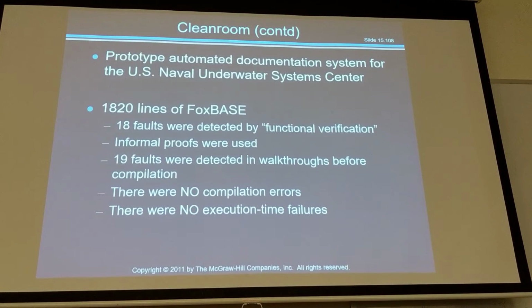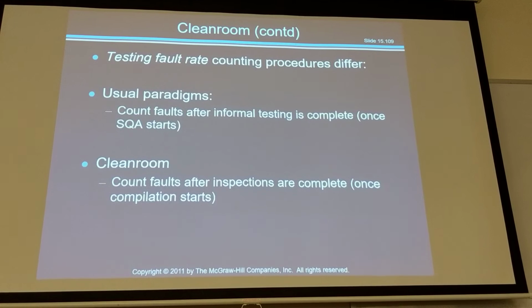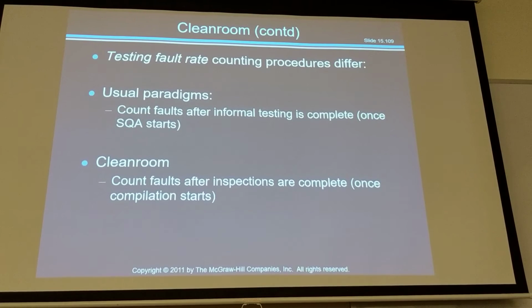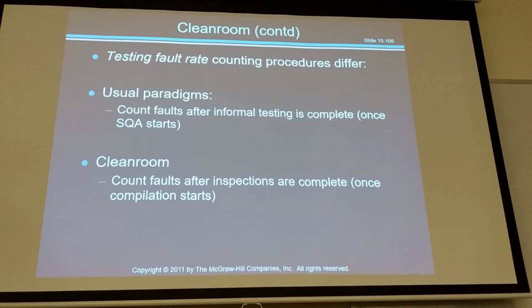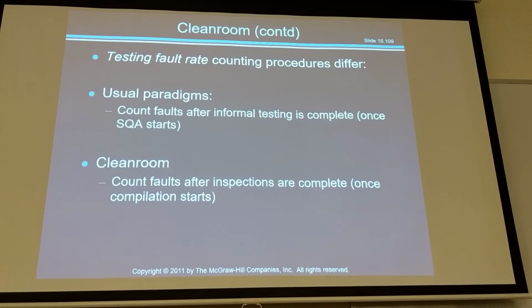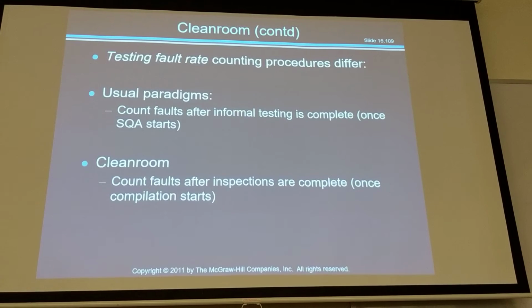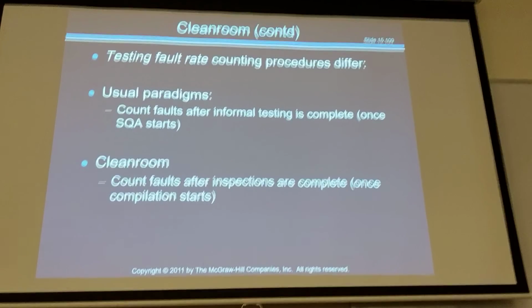So in Cleanroom, essentially, you are trying to do a lot of inspection, a lot of formal verification to reduce the faults that go into your system in the first place. Unlike today, yeah, we'll let you program, then we'll test to get rid of bugs, so we eventually get something relatively reliable.